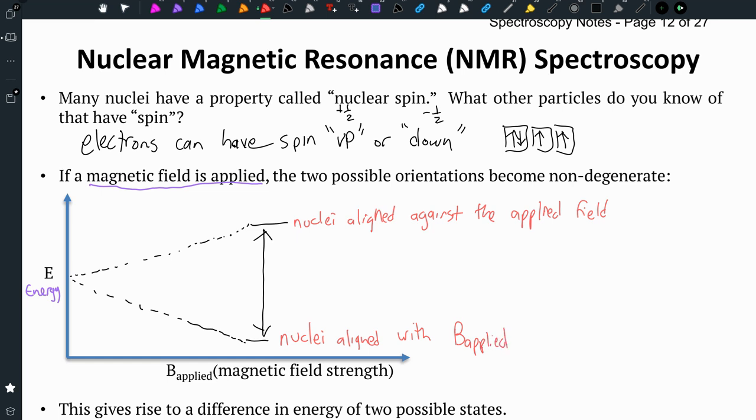All right. And there becomes an energy gap between these two. Okay. So normally these nuclei, they all have the same energy. Now they don't have the same energy. A physics term for this is they become non-degenerate, meaning they don't have the same energy.